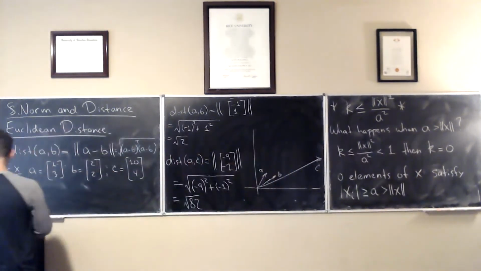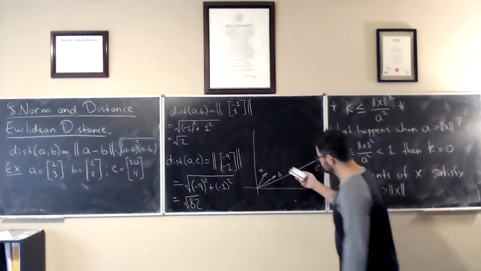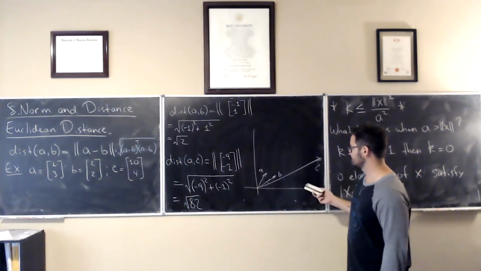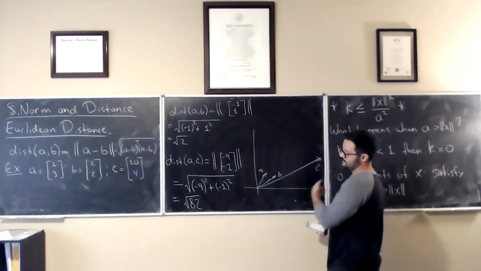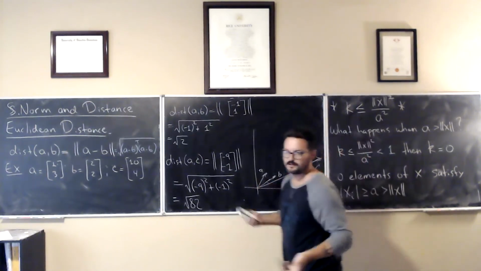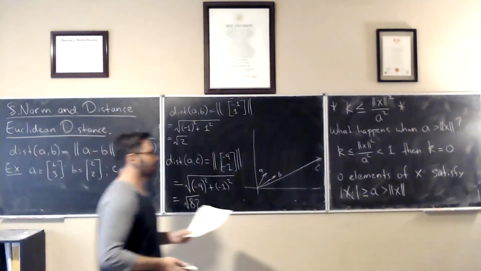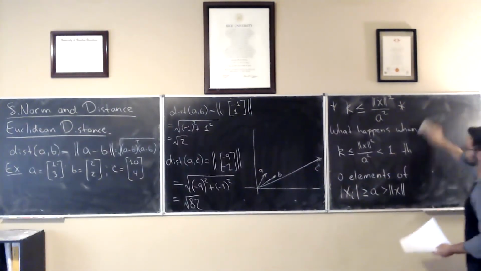Okay, so why would this be useful? Well, this is a good illustration. A and B are similar to each other, but C is far away. Can this somehow capture similarity between objects, between data?